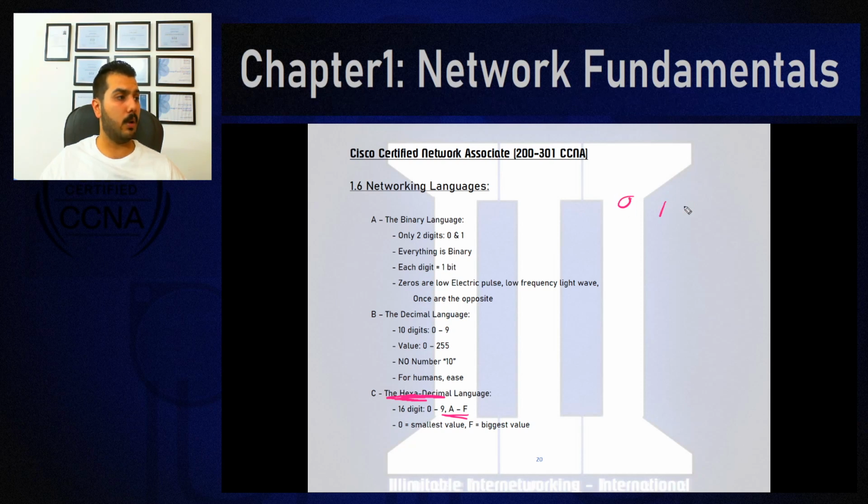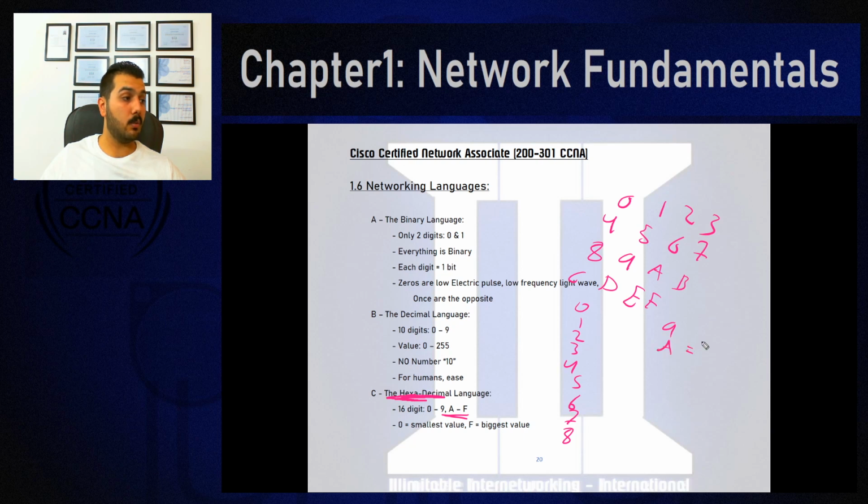So we have 0, 1, 2, 3, 4, 5, 6, 7, 8, 9, A, B, and then C, D, E, and F. What you need to know is that A equals 10 in value, B equals 11, C equals 12, and D equals 13, in case you were wondering how much they equal in value.